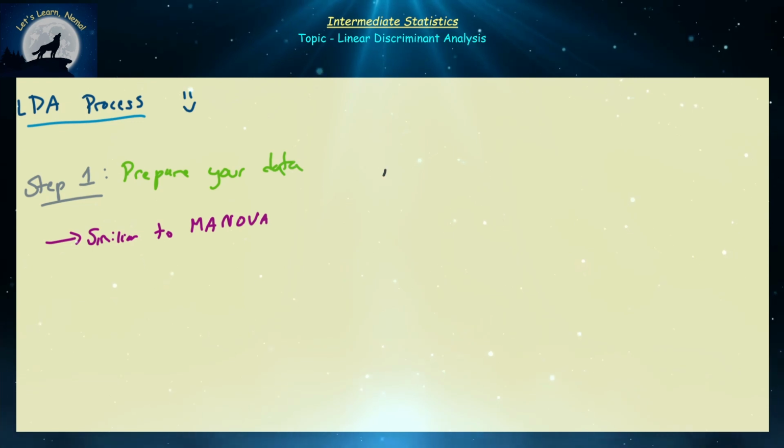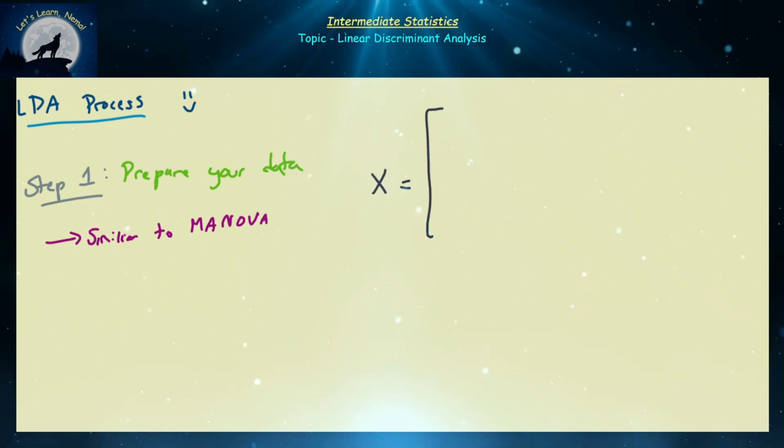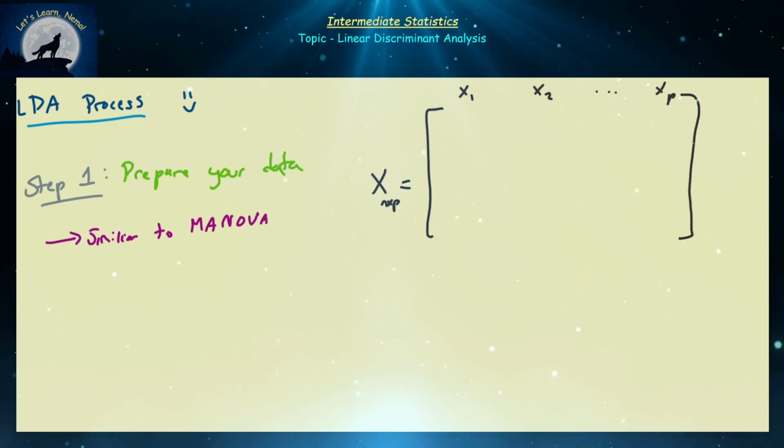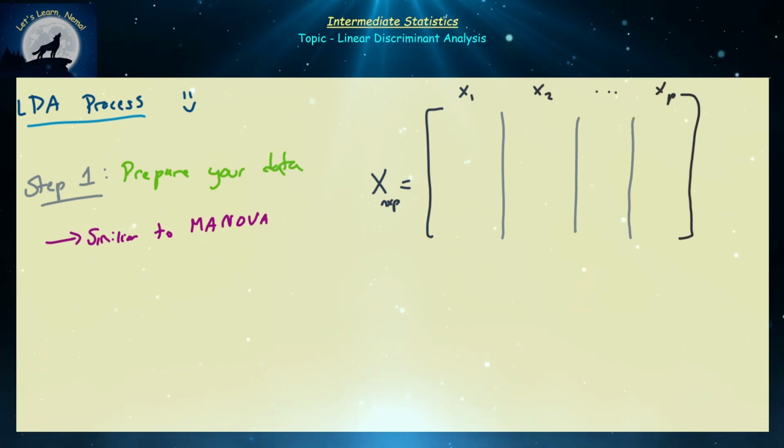So let's look at, first off, our data matrix X, which, keep in mind, is going to be an n by p matrix. So what we're first going to have is our x1 values, our x2 values, all the way down to our xp values sorted within this particular matrix. And let's clearly define those particular columns.